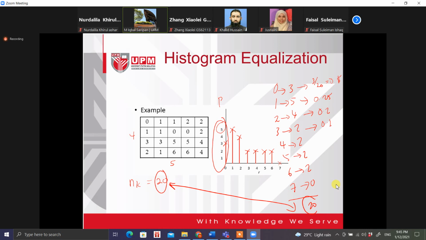So you can have another histogram, a normalized histogram.